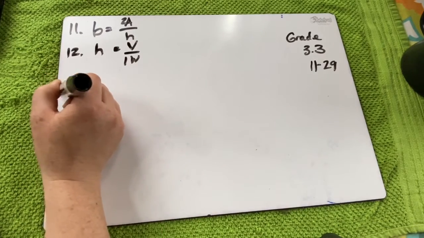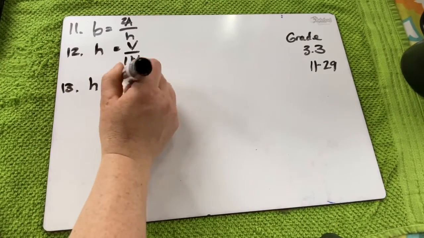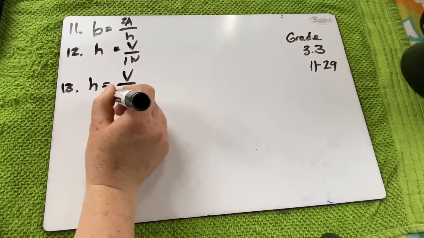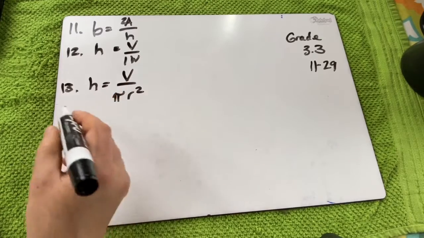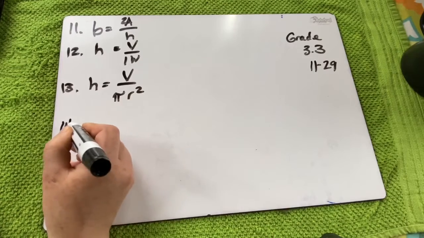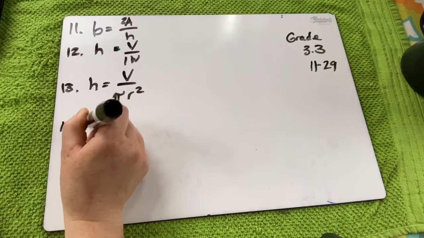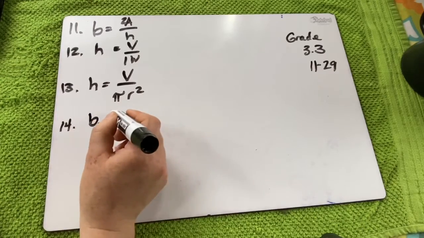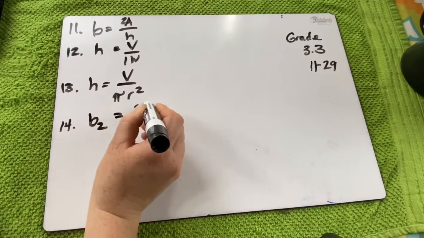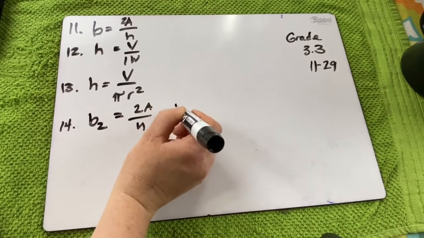Okay? 13, H equals V over pi R squared. 14, B to the second equals 2A divided by H minus B1.